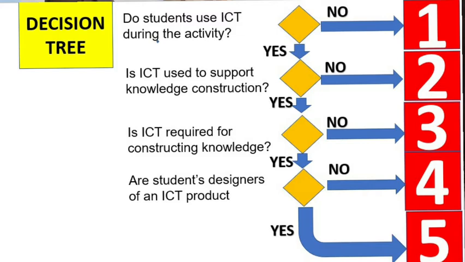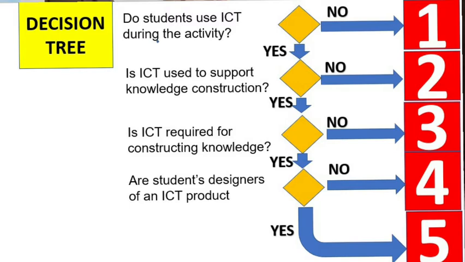But then, if the answer is yes, the activity allows us to use ICT during the activity, it's used to support knowledge construction, is required for constructing knowledge, and students are designers of an ICT product. Beautiful. But then we ask the next question. Are students designers of an ICT product?